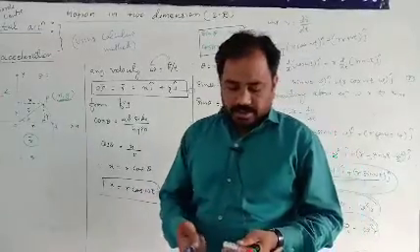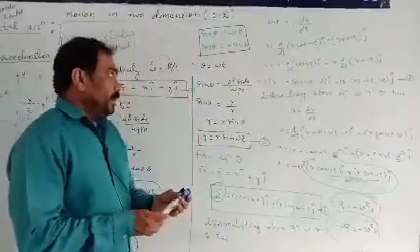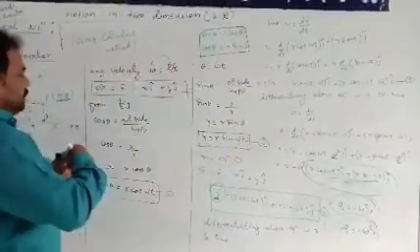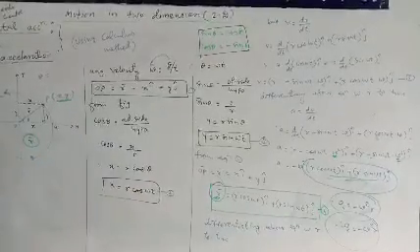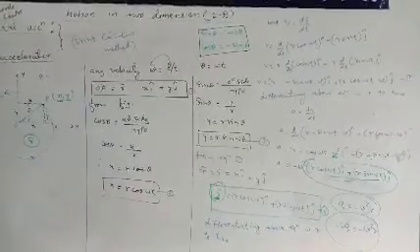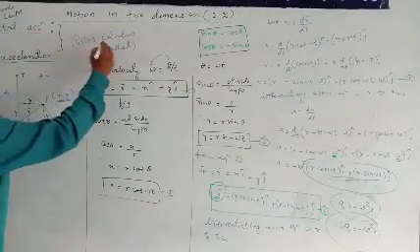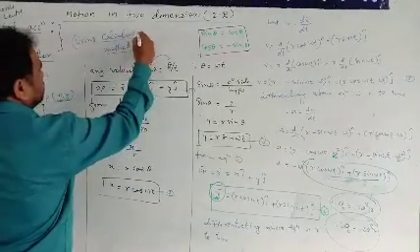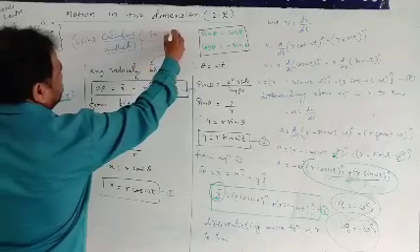See here, in our previous videos, what we have seen is the magnitude of centripetal acceleration. At that time we used the calculus method as well as the geometrical method.